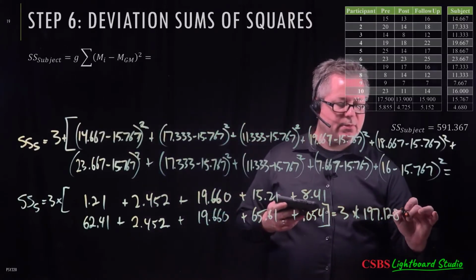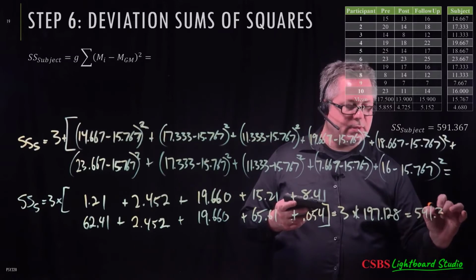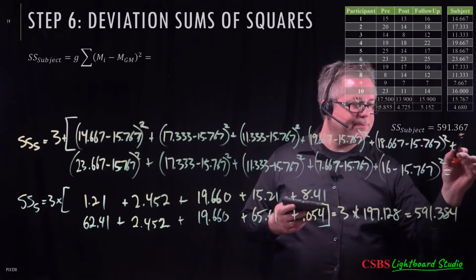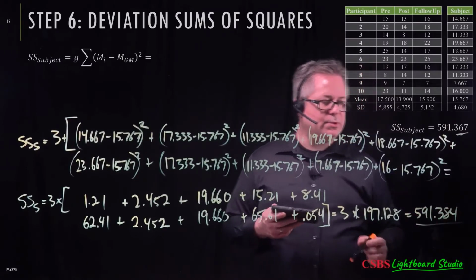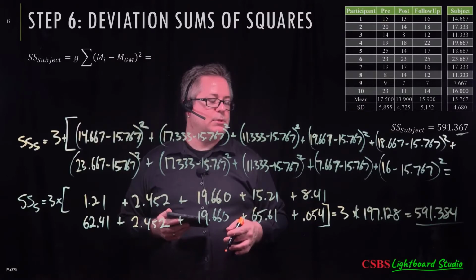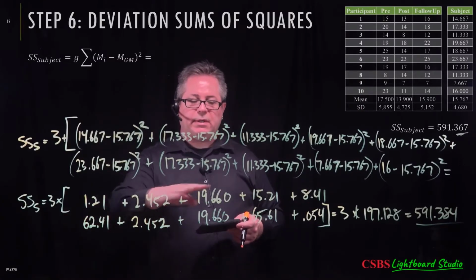3 times 197.128 equals 591.384. So I get a slightly different number, 591.384 instead of 367, but really close. Again, slightly rounding. So this 3 again is for groups, adding them all up.